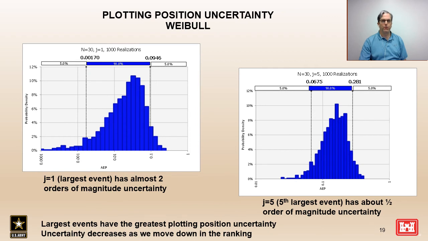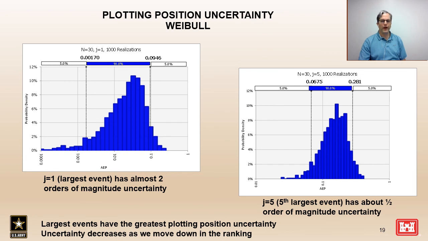Now that we know that our plotting position uncertainty can be quite large for the largest observed flood event, we can look at how this uncertainty changes as we move down through the ranking of the events. So the figure on the left is the same figure from the previous slide where the uncertainty in AEP spans nearly 2 orders of magnitude. When we move down to the 5th largest event, we can see that that uncertainty decreases quite a bit.